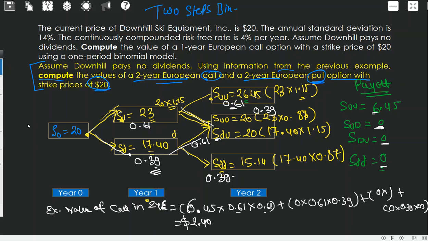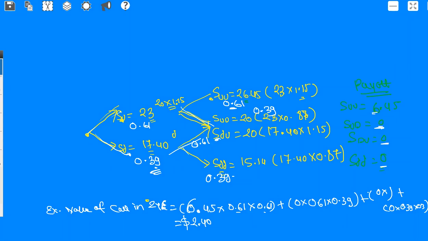So this is the expected call value at the end of the 2 years. Now what will be the expected call value at the beginning of the year?